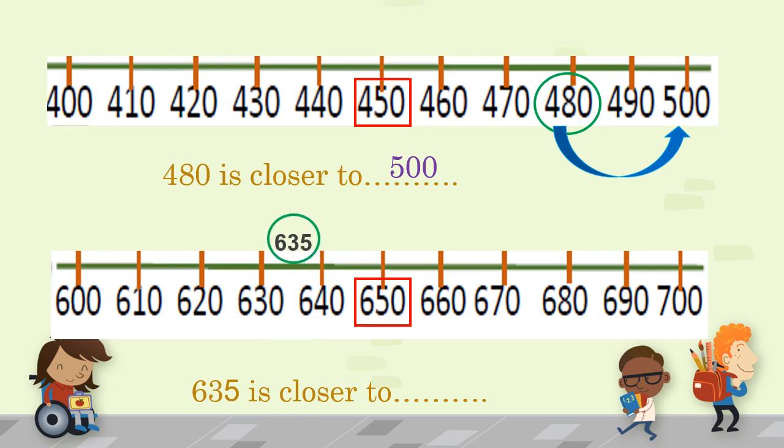So, is it closer to the 100 before or closer to the 100 after? Yes, I hear you saying it's closer to the 100 before, 600. This distance is smaller than this distance.